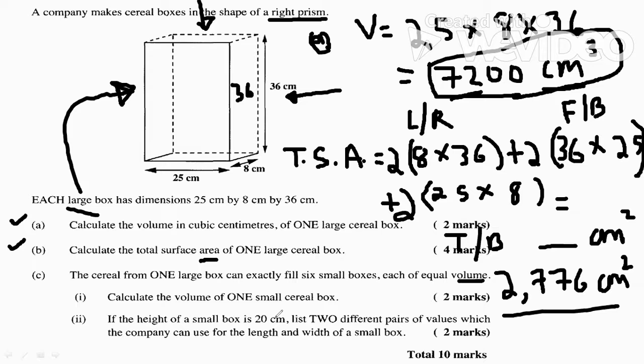Let me make it a bit easy. Let us say you have one liter Pepsi, all right? And you have 2 big cups, and the Pepsi fills the 2 big cups up exactly.